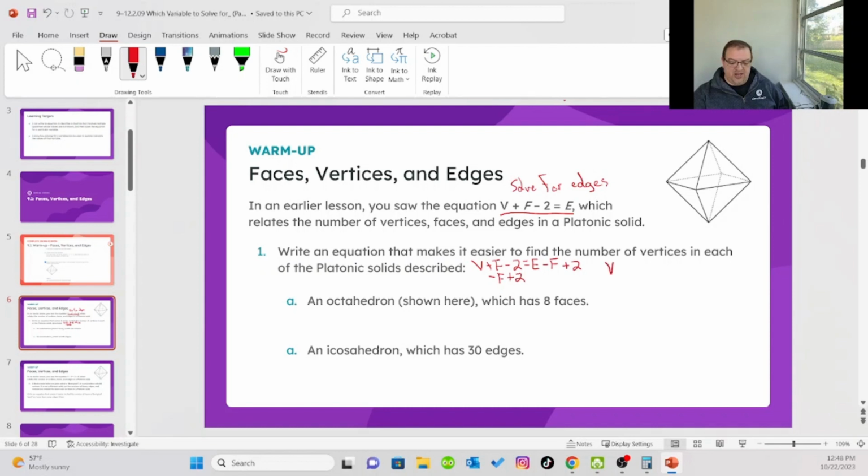So now I would have V equals E minus F plus 2. And this solves for vertices.